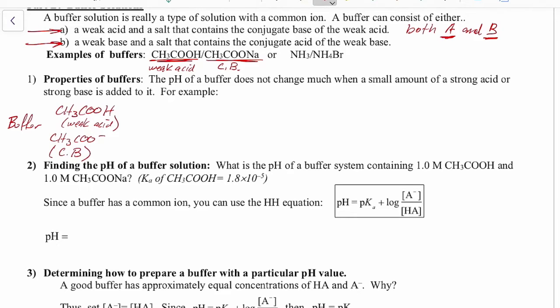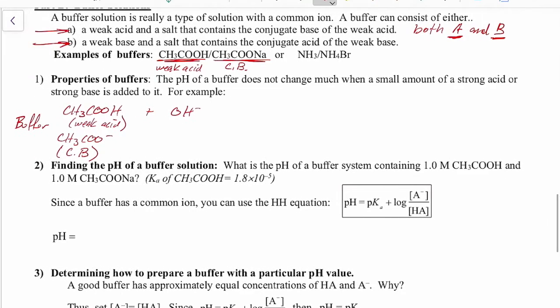If you add a little bit of base, the OH minus of the base reacts with the acid and gives you your conjugate base, leaving you behind with some water.